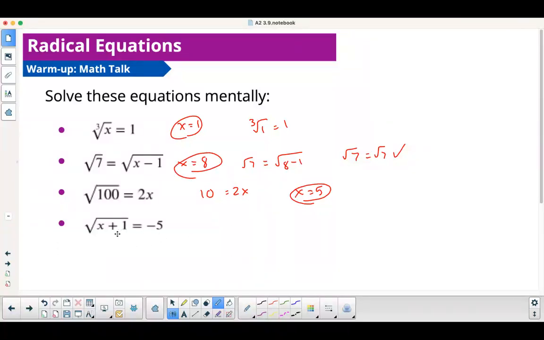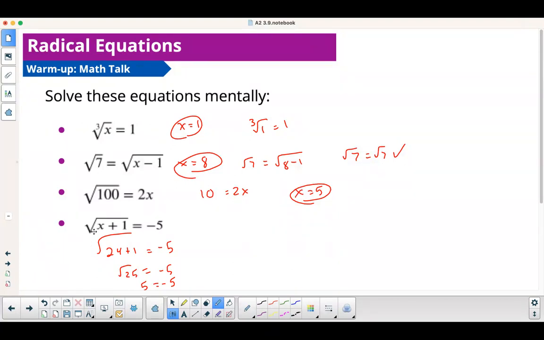So this one's a little tricky, because you think that it's 24, but when I do the square root of 25, remember it's not plus or minus 5 here, it's just 5, because the radical was already given to us.